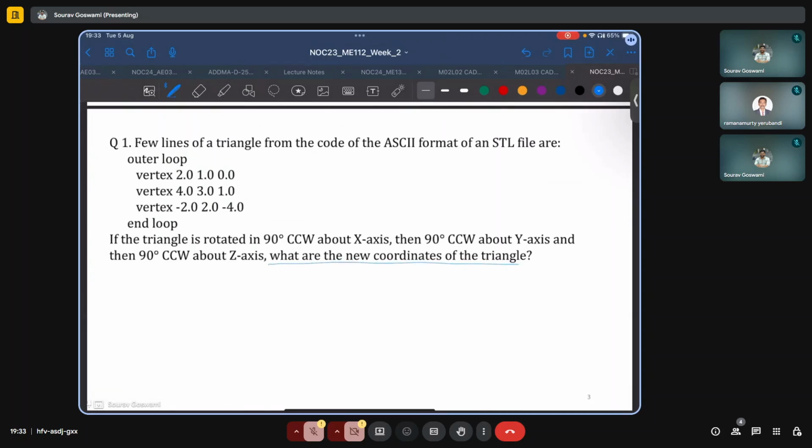This is a straightforward question, and we already discussed the derivation during the first hour. So let us directly apply the formulas. We have to find all the coordinates of the triangle. So say this is point 1, point 2, and point 3. We'll have to find say P1 new, P2 new, and P3 new, and this will simply be: we are first rotating about the x-axis, then the y-axis, and then the z-axis.